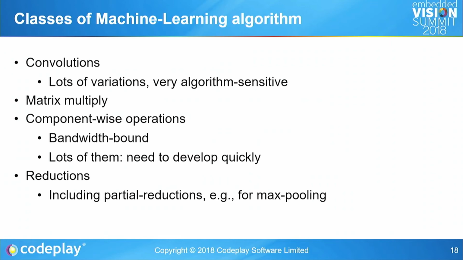So if we break it down into a smaller set of problems, there are 4 real issues that we look at. One is convolutions. There's lots of convolutions. It's hugely important for performance of deep learning. And the convolutions are weird. Right? There's lots of variations. Matrix multiply. There may not be that many matrix multipliers.